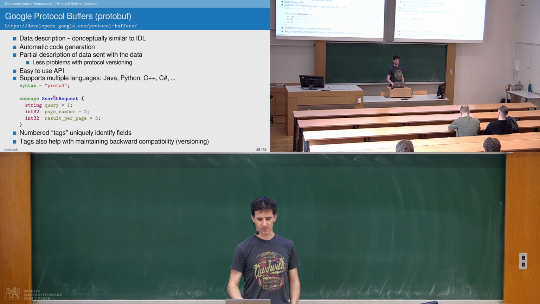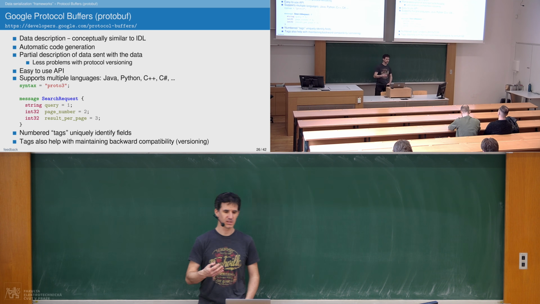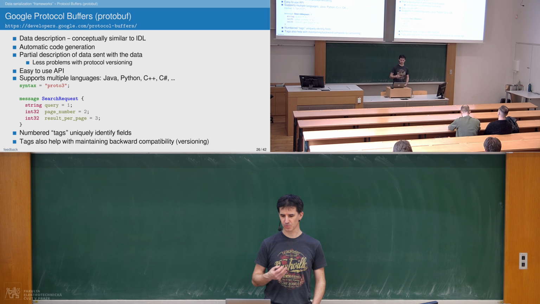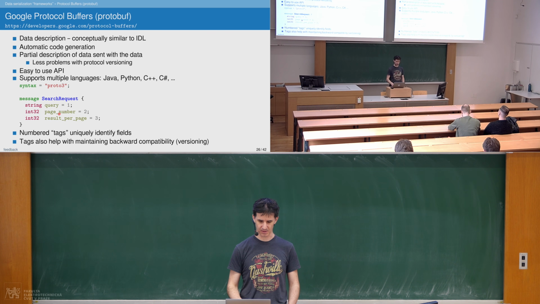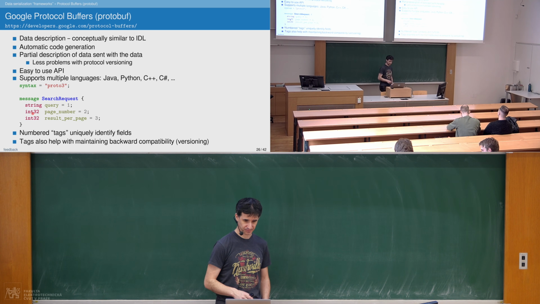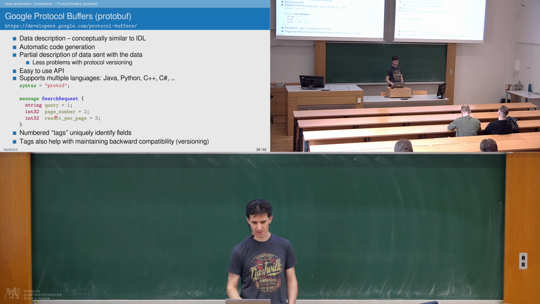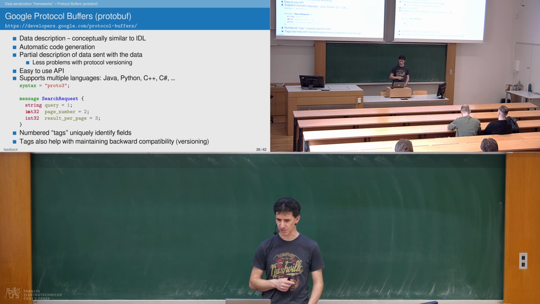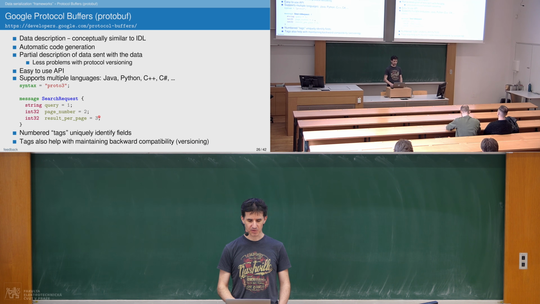You define not structures but messages, though in C this is actually translated to a structure, or to C++, and you define some fields of that message or structure. There is one field called query, and another two fields are page number and results per page, which are 32-bit integers. What's interesting is this equal sign here and the number.